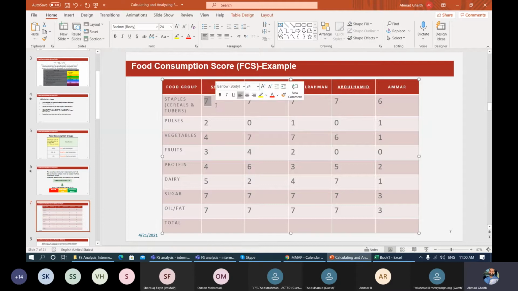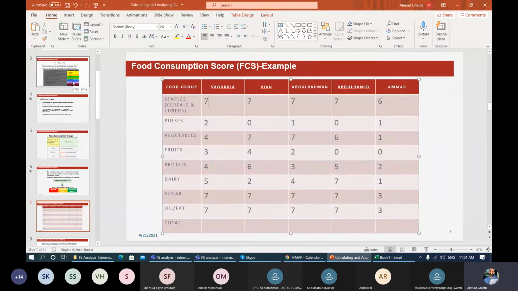You could consume 7 days of bread, or 7 days of potatoes and bread, so this is not some kind of dietitian's detailed analysis. This is really to get a rough understanding.